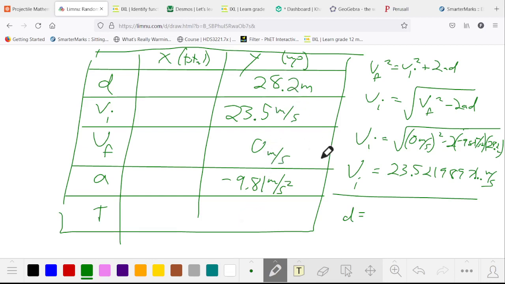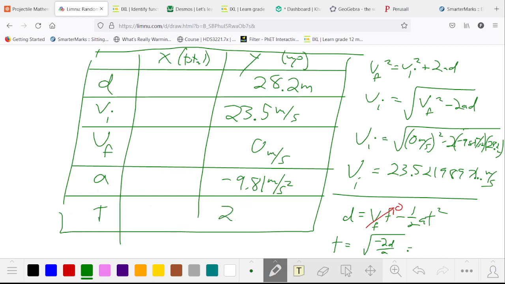But if we could solve for time using only the information that was provided, recognizing again that our Vf is going to be 0, then using that same manipulation we had before, our time is the square root of negative 2d over a. So that's the square root of 2 times 28.2 divided by 9.81.